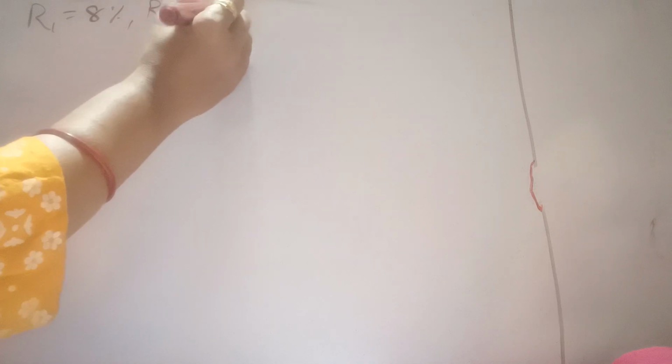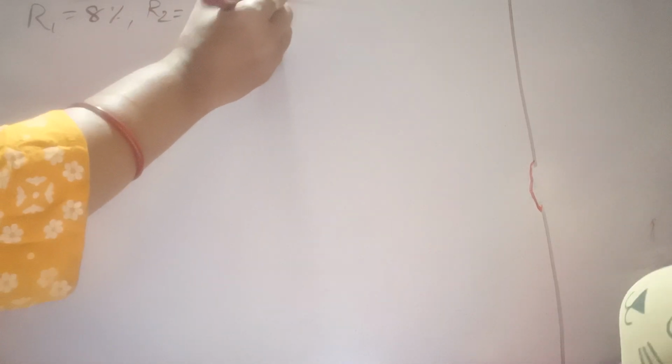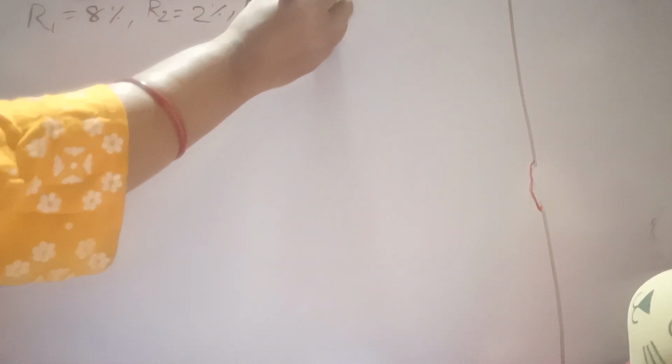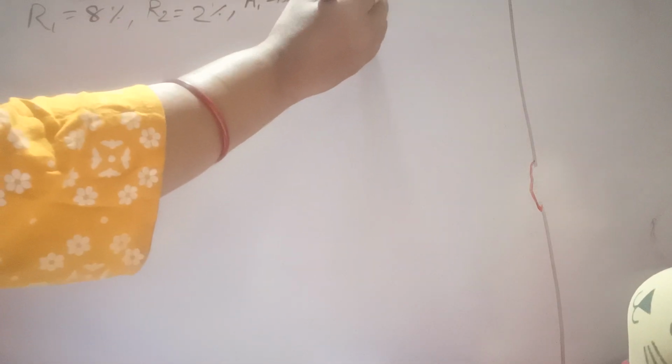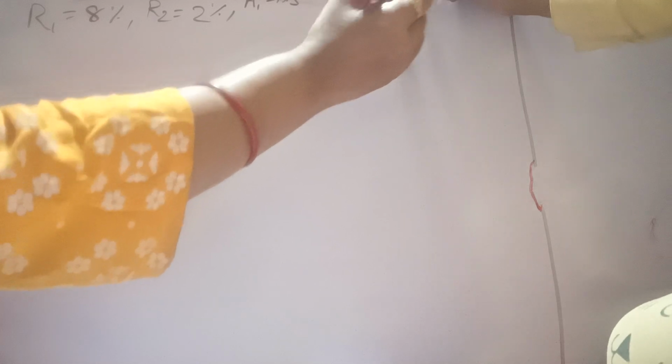Find the sum and time. Now here R1 equals 8%, R2 equals 2%, A1 equals 500 rupees, and A2 equals 200 rupees.